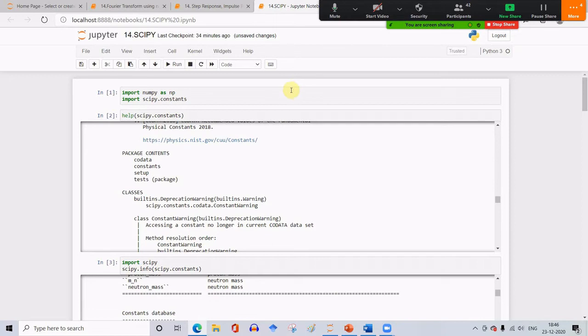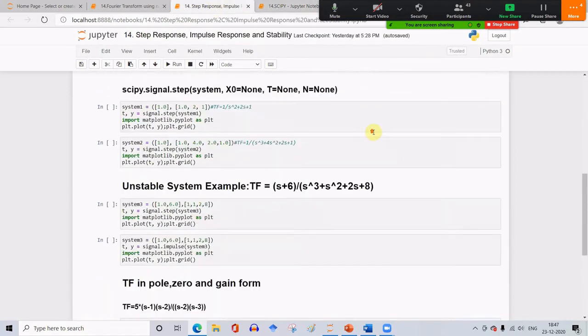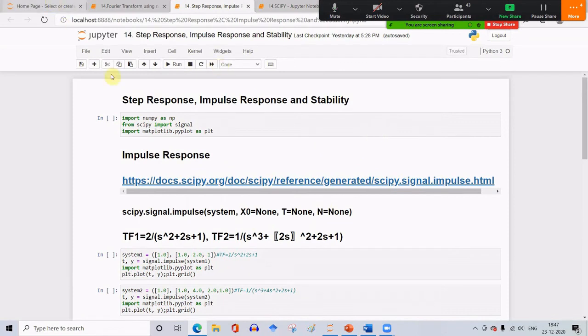Okay, so with this introduction, let me pass on to the next part of today's class, that is step response and impulse response, and also how to find the stability of the system. So again, I'm using NumPy, SciPy, and to plot I'm using matplotlib.pyplot modules.